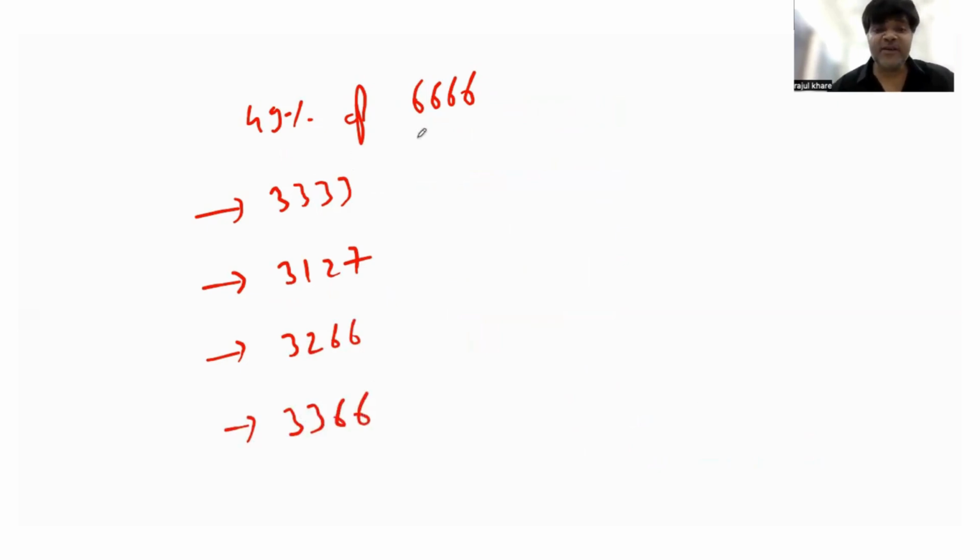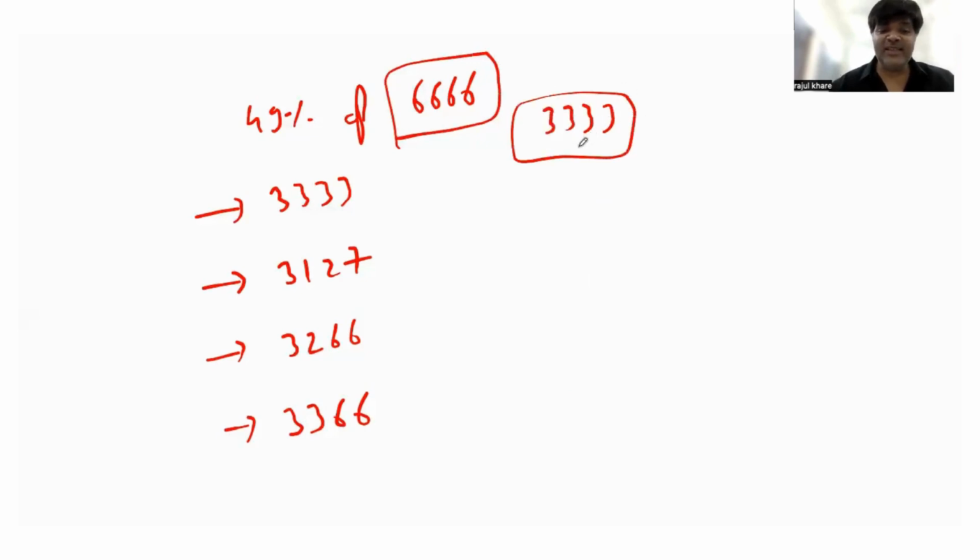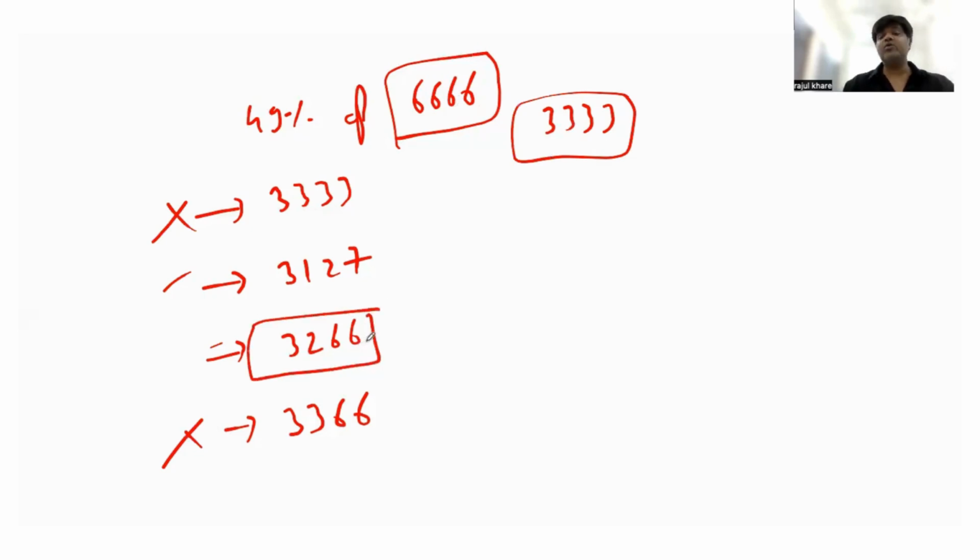Now I know 50% is 3333. So 49% will be definitely less than 3333. This option is gone and this option is gone. Now only these two options are left. 1% is 66. So if I decrease 3333 by 66, the answer will be approximately equal to 3266. So I'm saying out of the options, this could be the answer.